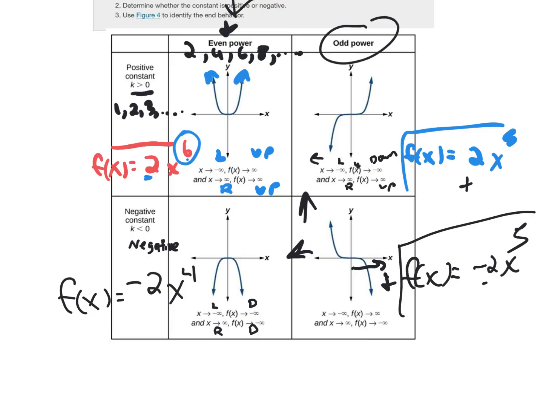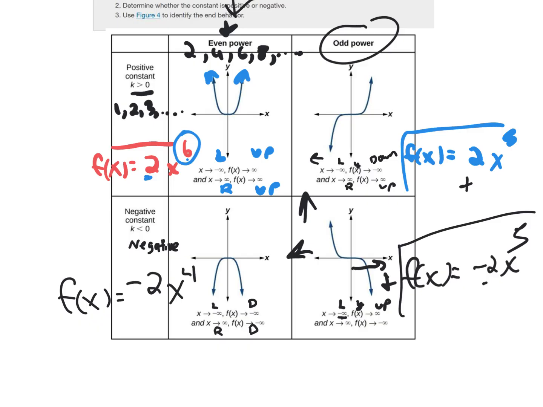So let's see how we'd write that out. As x goes to negative infinity, that means left, the y values are going to positive infinity, that means up. Y's only go up or down. X only goes left and right. So think about that.